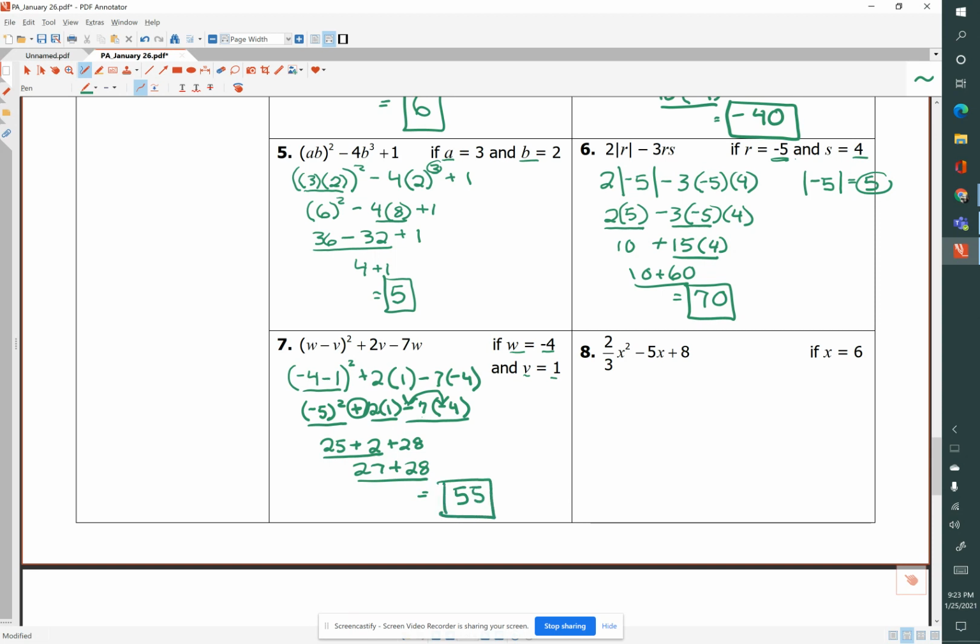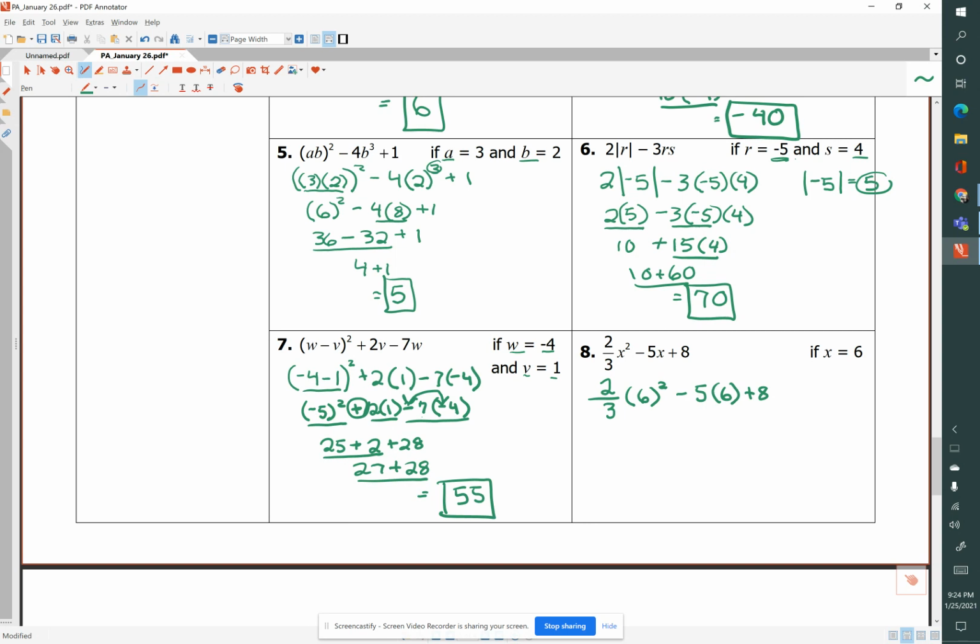Number 8, we've got a fraction, that's okay. We have 2/3 x squared minus 5x plus 8, where x equals 6. So let's substitute first. 2/3 times 6 squared minus 5 times 6 plus 8.